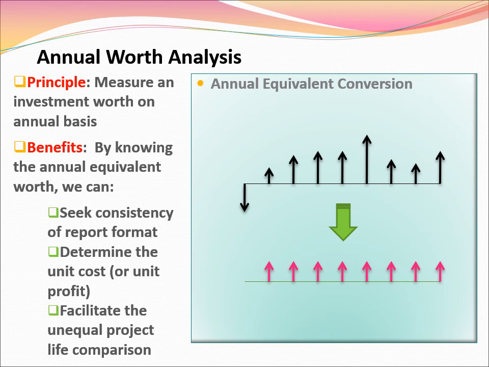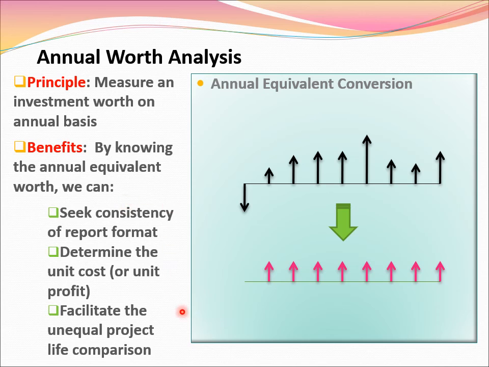We are continuing our discussion on annual worth analysis, and we said that in annual worth, similar to present and future worth analysis, we convert the project cash flow into its annual equivalent version. If this annual worth at each year is greater than or equal to 0, we accept the project. Otherwise, we reject the project.